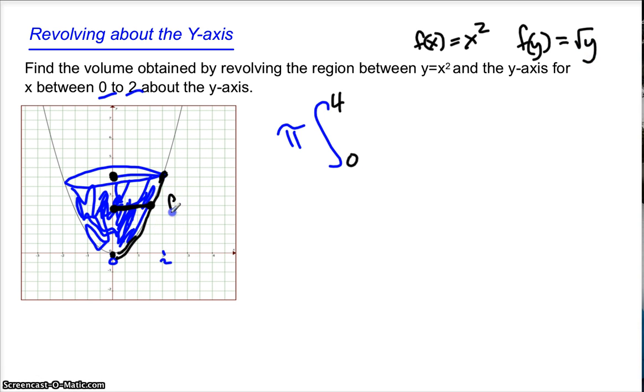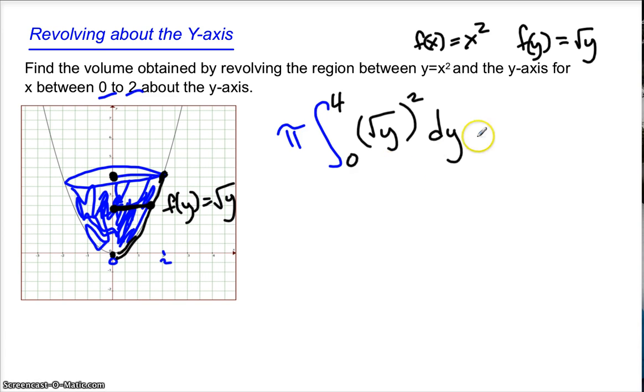So the function here is f of y is equal to the square root of y. So this distance here will be the square root of y. So we'll put that in there. And that's the radius, and we need to square that. And dy this time.